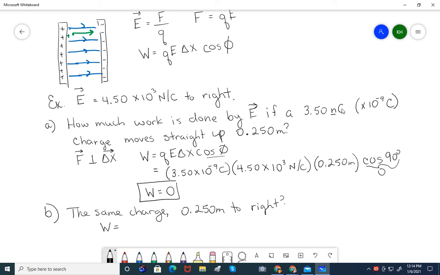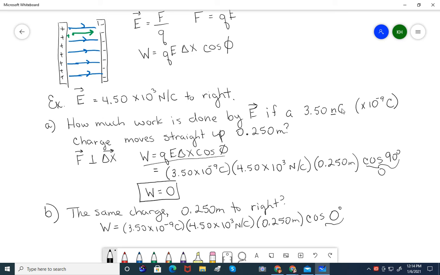Same formula, QE delta X cosine phi, 3.50 times 10 to the negative 9 coulombs. There's our charge. 4.50 times 10 to the third newtons per coulomb. There's our electric field. Remember, QE actually is what's giving us our force. The displacement, 0.250 meters. And this time it's cosine 0.